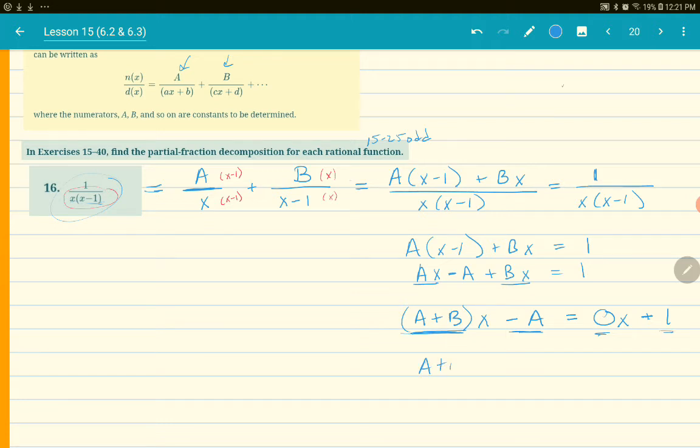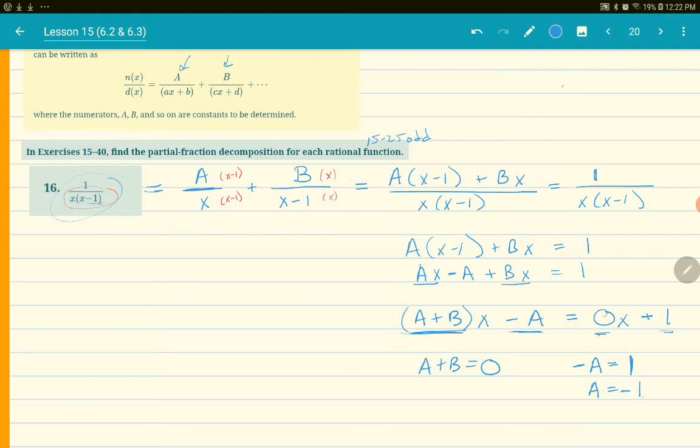So a plus b equals 0, and negative a equals 1. So now I have a system of two equations and two variables. Negative a equals 1 is already in one variable, so I can solve for a and find out that a is negative 1.